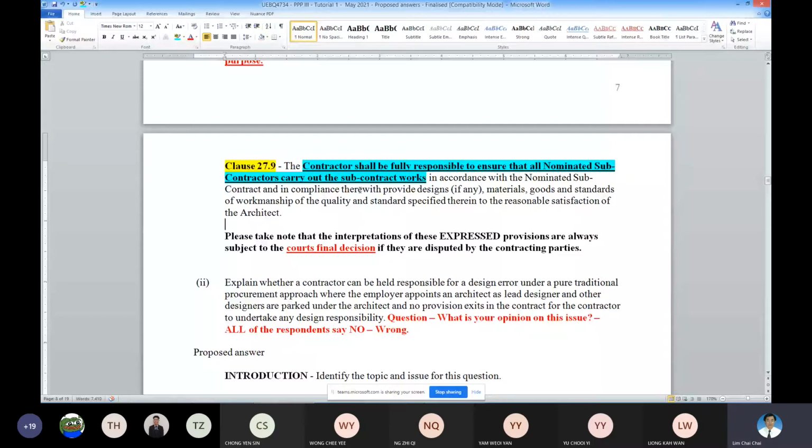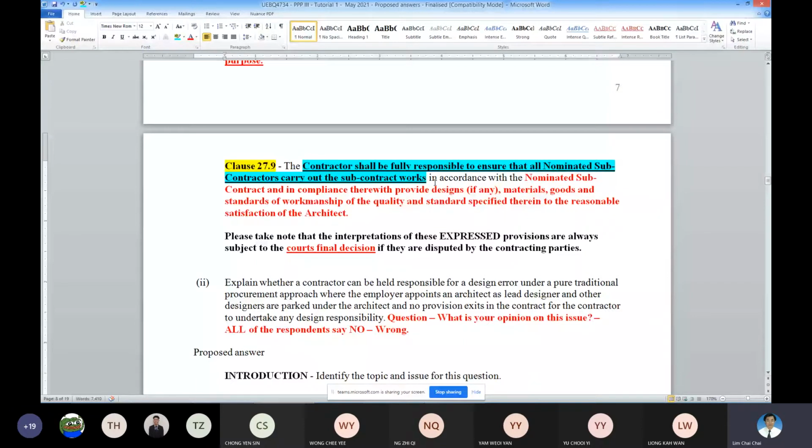And then they must carry out the work with good workmanship, the standard of workmanship, and the quality specified must be compliant. So the NSC is going to be responsible for the alternative design work, even though it is parked under the main contractor.